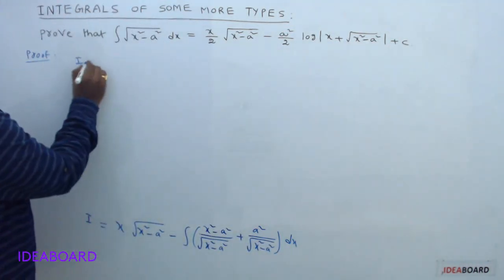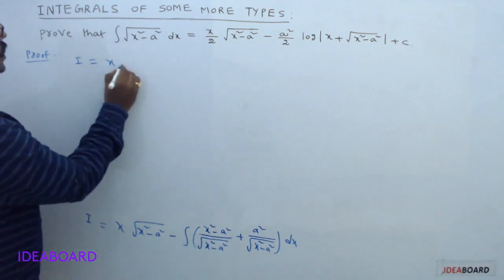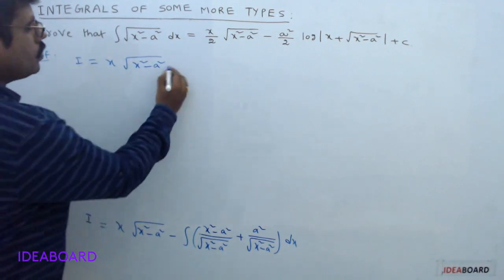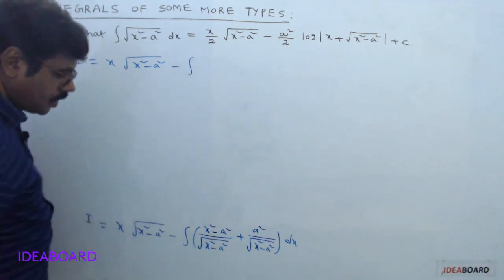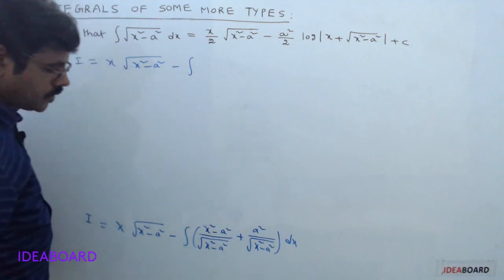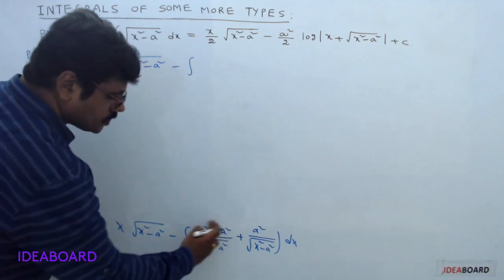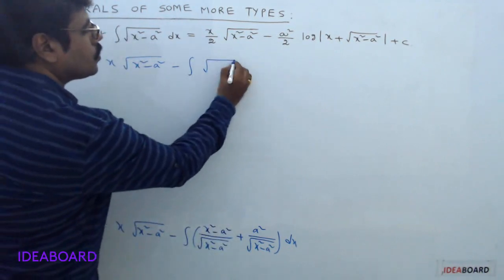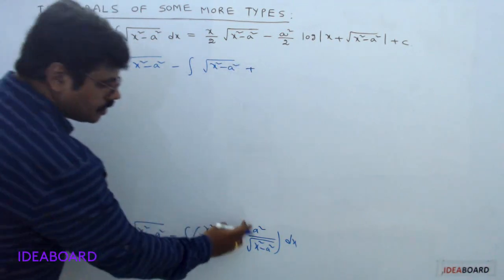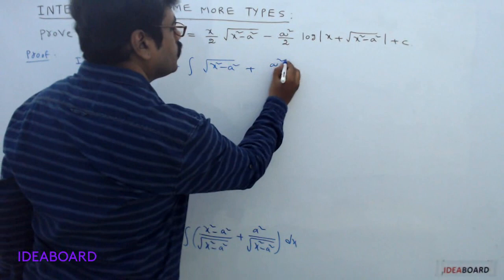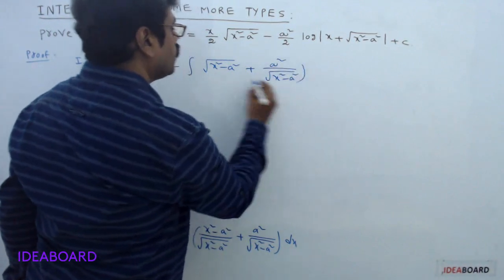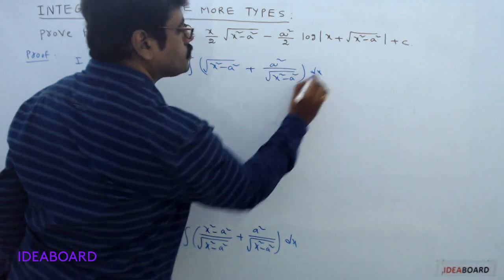Now this is I equals x into square root of x square minus a square minus integral of x square minus a square divided by root of x square minus a square. This term can be taken as root of x square minus a square plus a square divided by square root of x square minus a square dx.